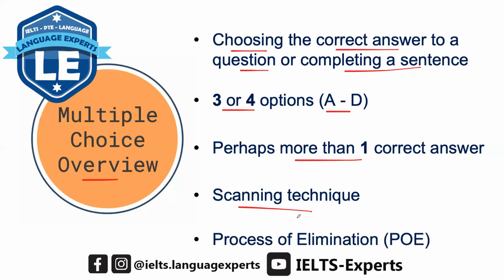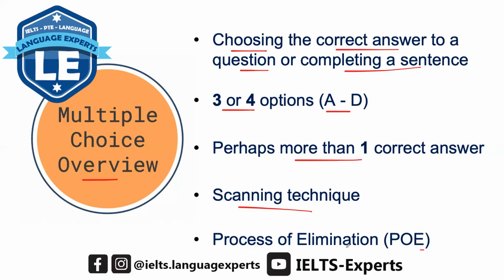And lastly, we're going to use process of elimination, the very famous POE. Like I said earlier, you're probably familiar with this multiple choice question type since it's quite common in the academic setting or in the university setting or on common tests and quizzes. So basically, we're going to eliminate options we know are not correct, and this will give us a higher probability of choosing the correct answer.